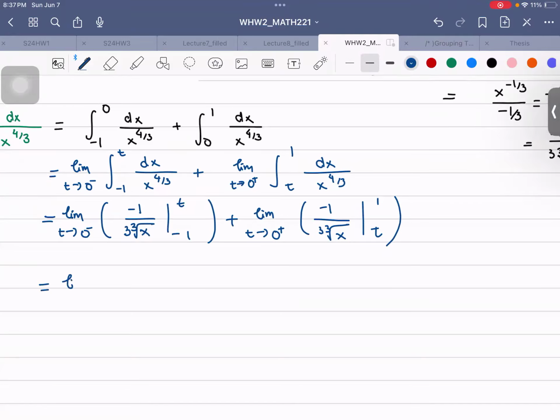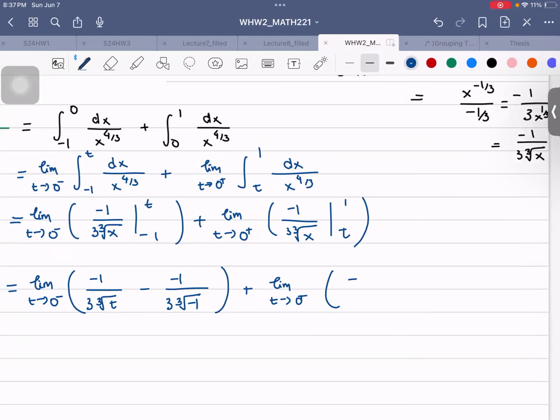Okay, we evaluate the limit. You have negative 1 over 3 cube root of t, subtract negative 1 over 3 cube root of negative 1, plus the limit when t approaches 0 of negative 1 over 3 cube root of 1, subtract negative 1 over 3 cube root of t.